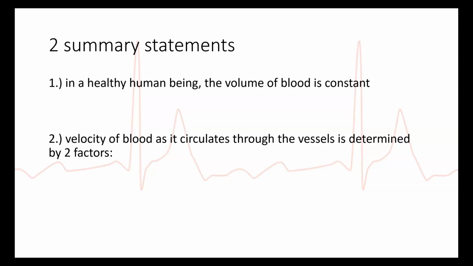Velocity increases dramatically as blood moves into the aorta and then decreases as blood moves to the arterioles. Pressure drops from the beginning of the arteries to the end of the arterioles because pressure is an energy form. It's the energy we need to overcome the resistance to flow and in order to maintain steady flow throughout the vessels. All right, so those are some summary statements of what we have talked about thus far.